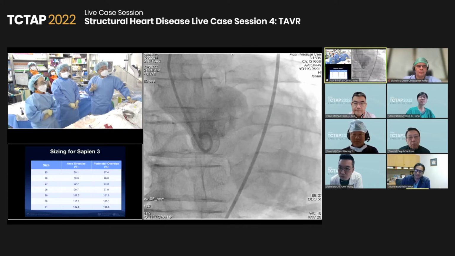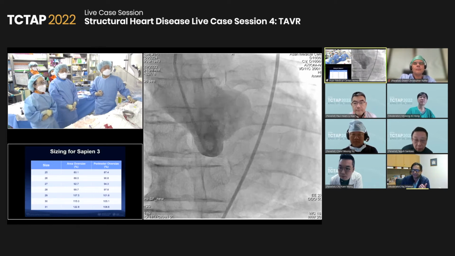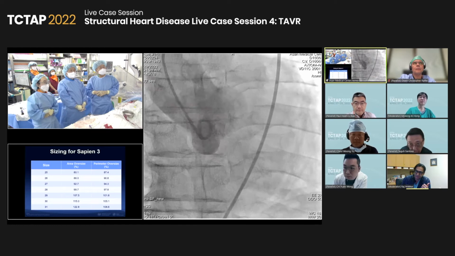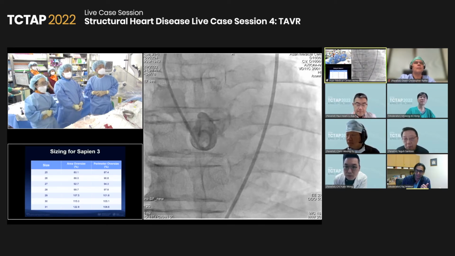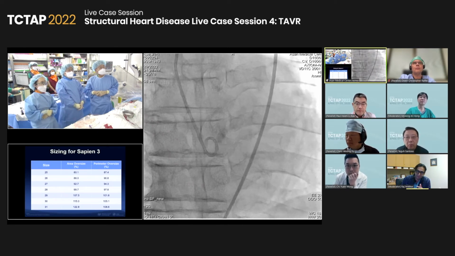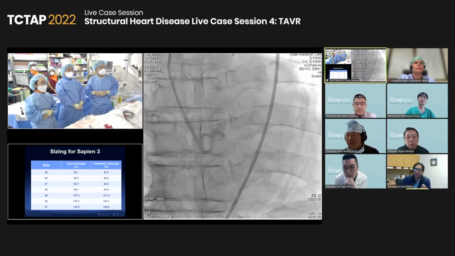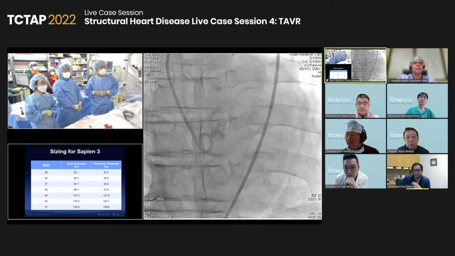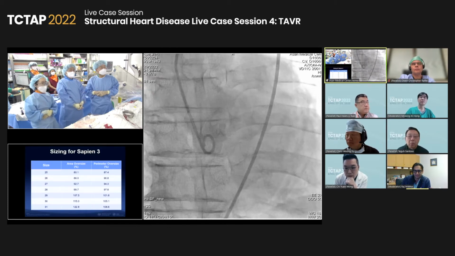I think this is an excellent case. Clinically it is very appropriate. This patient has some symptoms, but you can see that the ejection fraction has gone down. You would normally expect the EF to be high, not low, especially when you have some aortic regurgitation. So clearly the LV function is now getting affected. There is atrial fibrillation as well. So even if there were no symptoms, one could make an argument to intervene, and there are some symptoms here.